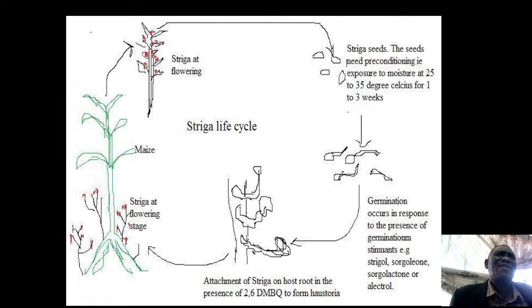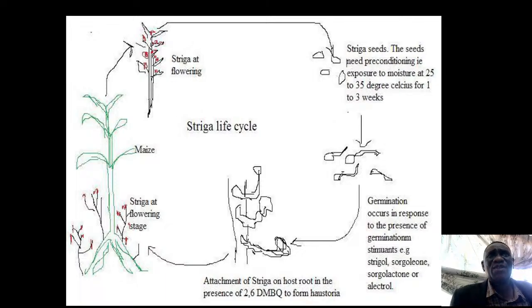But after the germination process, it should be followed by what is known as the attachment process. Let me stop here a bit and say that for this, we need what is known as the pre-attachment process. Pre-attachment has two things.